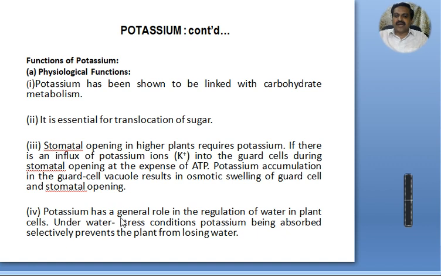And potassium has a general role in the regulation of water in the plant cells. Under water stress conditions, potassium being absorbed selectively prevents the plant from losing water.